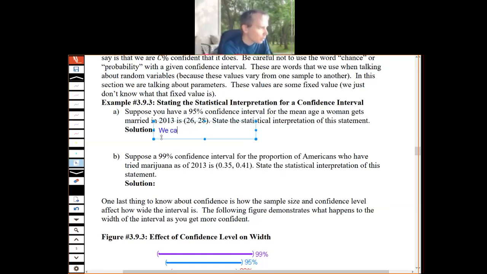So we can be 95% confident that the average age, or mean age, a woman gets married in 2013 is between 26 and 28 years old. What we're saying is that we're pretty confident that the actual average age is between 26 and 28.